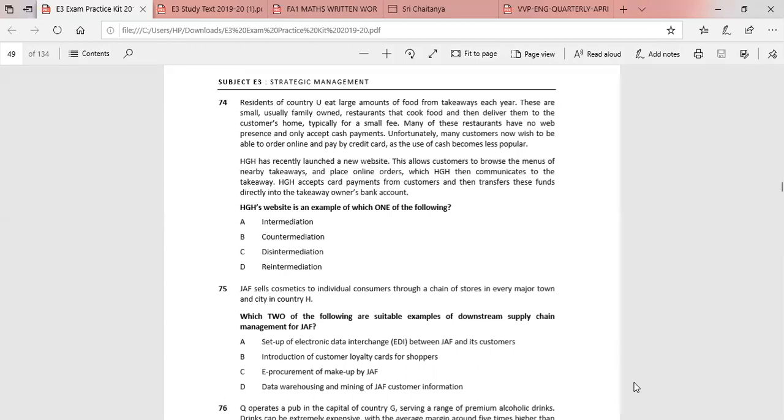HGH has recently launched a new website. This allows customers to browse the menus of nearby takeaways and place online orders. HGH then communicates to the takeaway. HGH accepts card payments from customers and then transfers these funds directly into the takeaway owner's bank accounts. HGH website is an example of which one of the following?